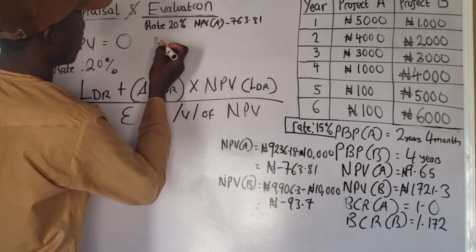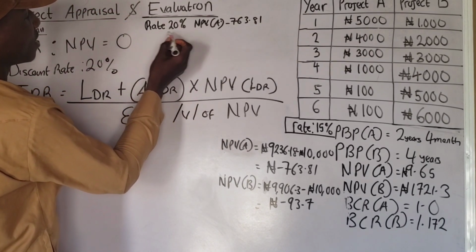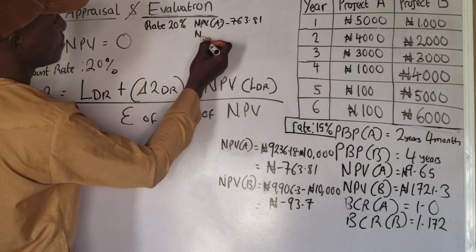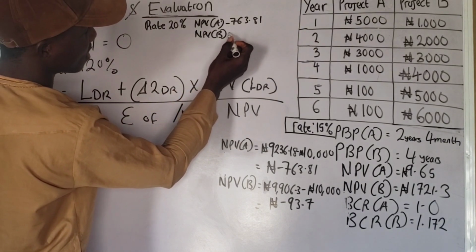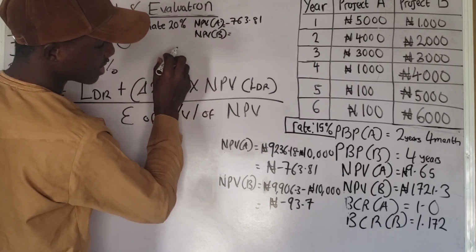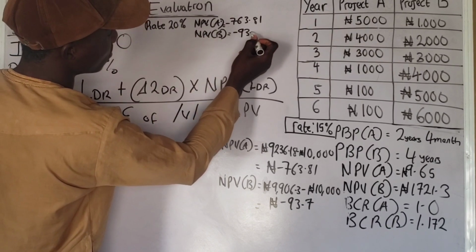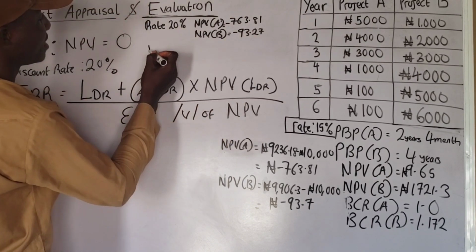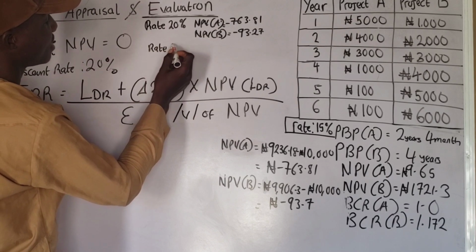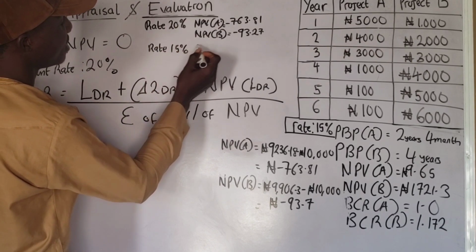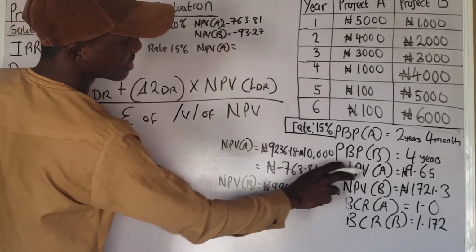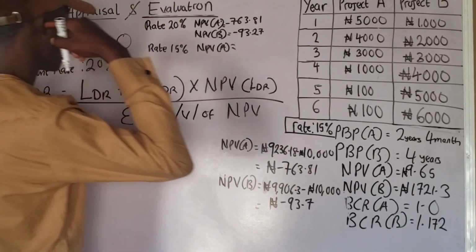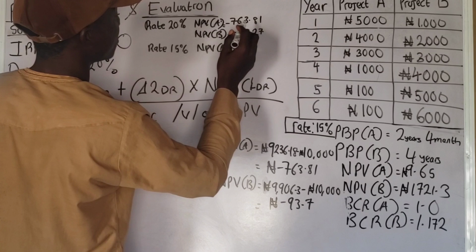And at the rate of 20%, the NPV of project B is what? That is negative 93.27. You understand? So at the rate of 15%, the NPV of project A is what? That is 9.65. Okay, 9.65. Please remember to put naira.